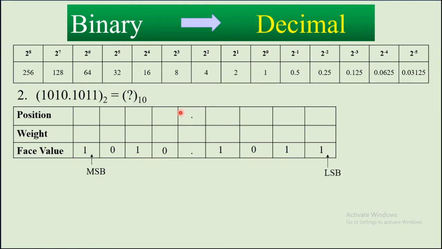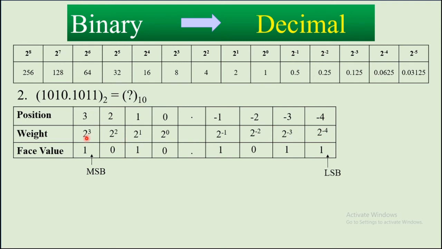For before the decimal point, write down the position as we did for the first example, and for after the decimal point, write the positions from -1, -2 and so on. So these are the positions. Then write down the weight. So weight for LSB is 2 raised to -4, 2 raised to -3 and so on.